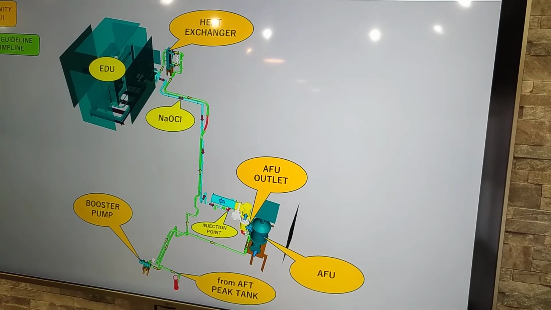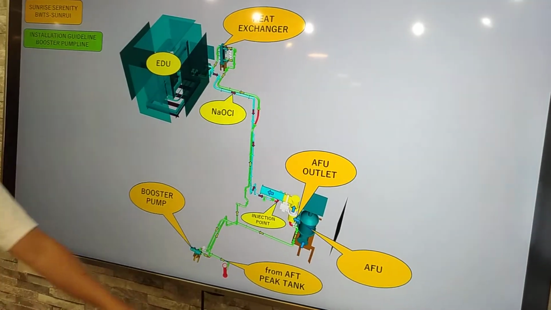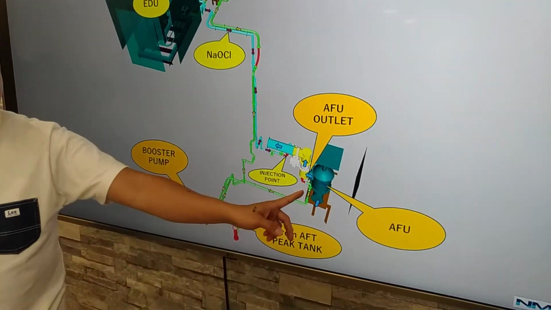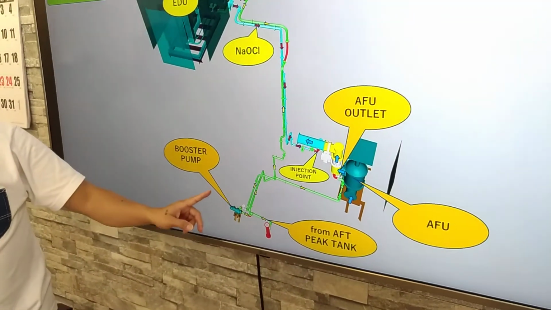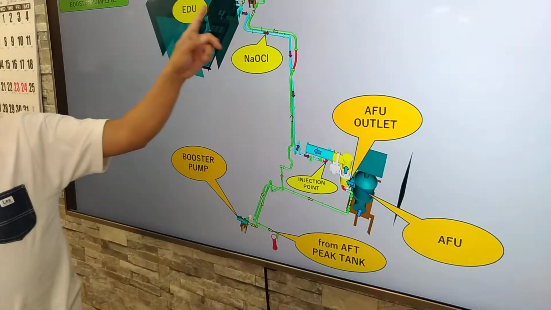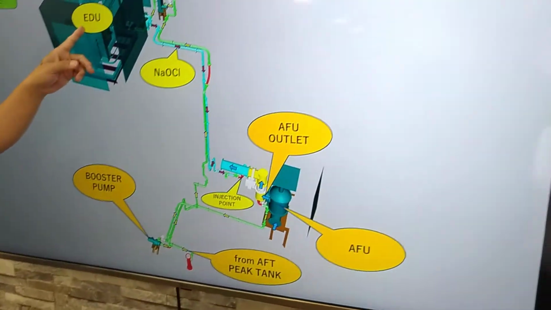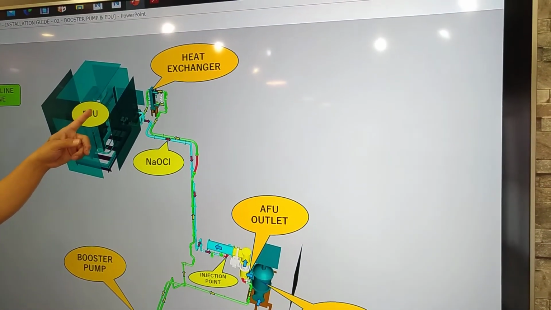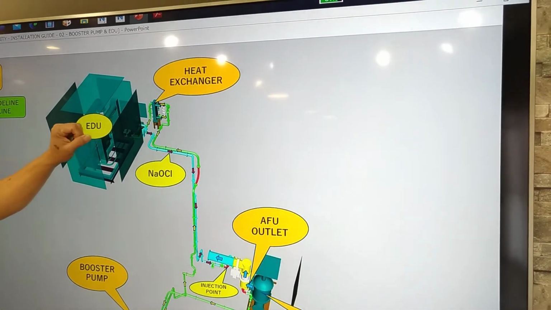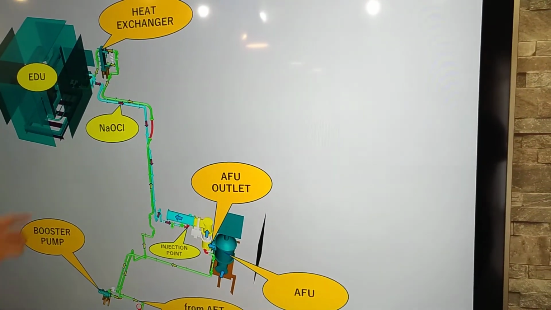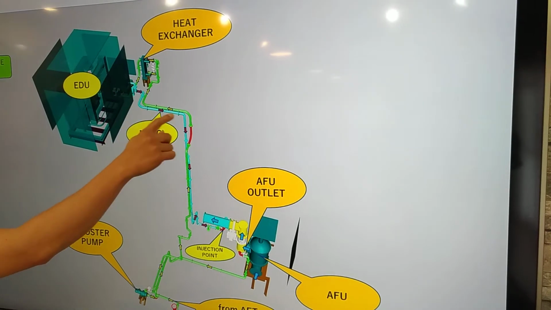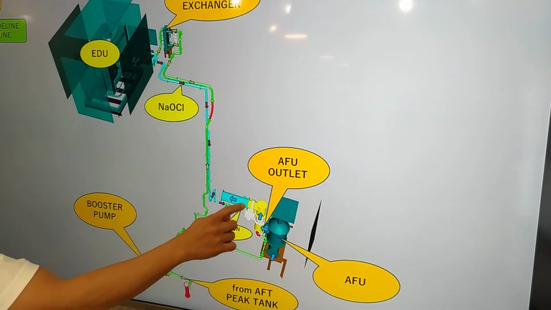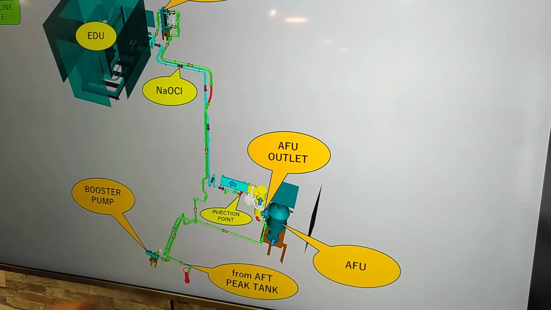Just a review: from APU, we pump the seawater from your booster pump to your EDU. We use the heat exchanger when the seawater temperature is low. From EDU, we separate the hydrogen gas and the sodium hypochlorite, and then we pump that to your main pipeline and inject the sodium hypochlorite.